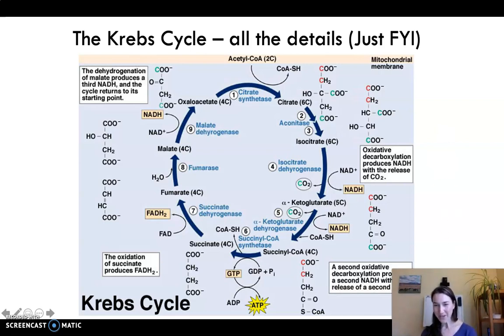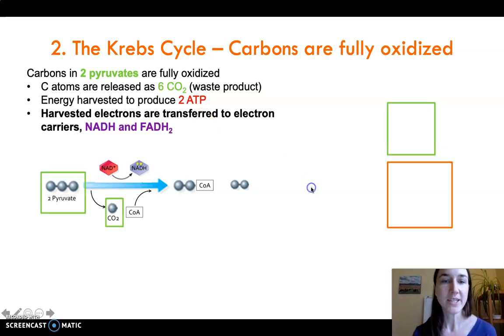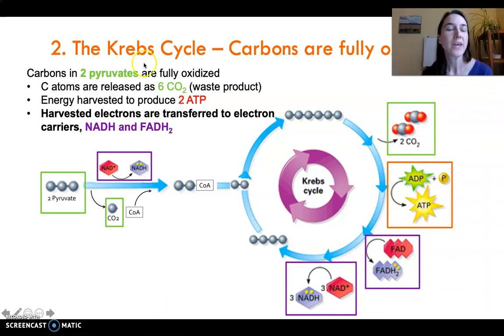So if you ever have to take cell and molecular biology in college, you will have to learn an agonizing number of details in biochemical pathways. But for us, I really just want us to focus on the big picture. So here is the big picture. At the start of this process, and I'm going to go ahead and just put this all up here, we have 2 pyruvates.